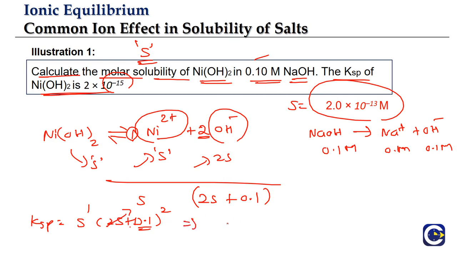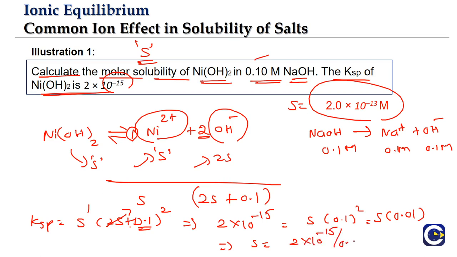So Ksp, which is 2 into 10 power minus 15, will be equal to S into 0.1 squared. 0.1 squared is 0.01. So 2 into 10 power minus 15 equals S into 0.01, meaning S will be 2 into 10 power minus 15 divided by 0.01, which is 2 into 10 power minus 13.